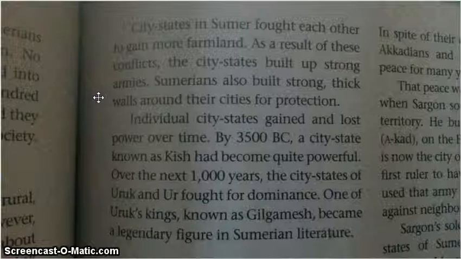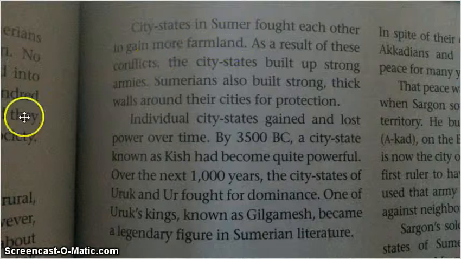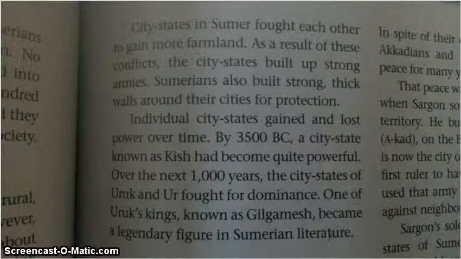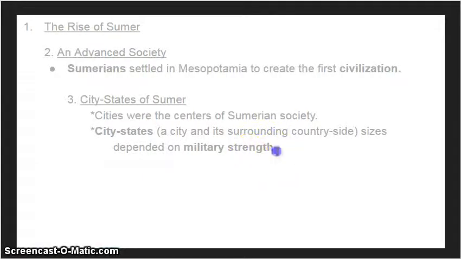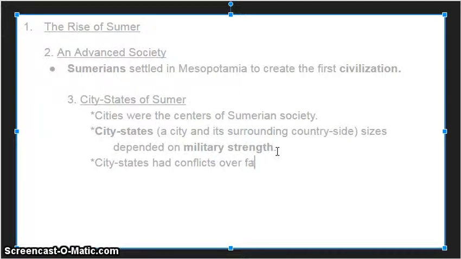So I'm going to choose conflicts and farmland. And I'm going to tell in my sentence kind of what this paragraph says that led to. So, city-states had conflicts over farmland, resulting in stronger armies and big walls.